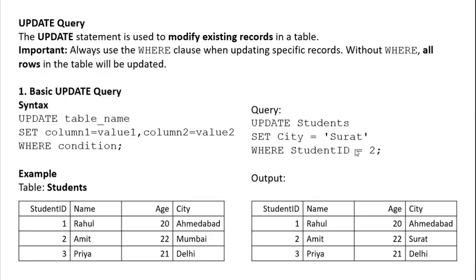So the record with student ID 1 is found and the student's city name is changed and updated to Surat. In the table, the first student's city was Mumbai, and after the change the city is Surat.